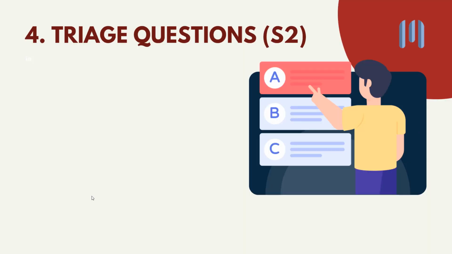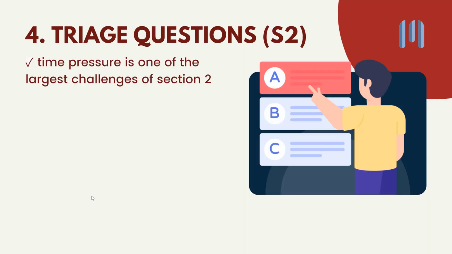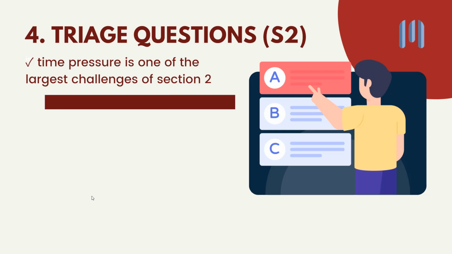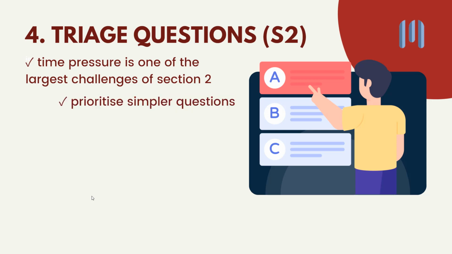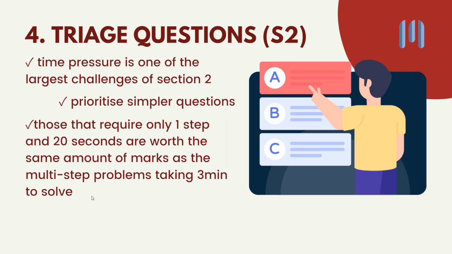The largest challenge of section 2 of the BMAT is, however, the time pressure. You only have around 30 minutes to do 27 science questions, and that's why it's so important that you use the very limited time you have to maximize the number of points you can get. Since each question is worth the same amount of points and there are no negative points, you should prioritize simple questions, those that require you to just recall a fact or do a one-step calculation, instead of multi-step problems.